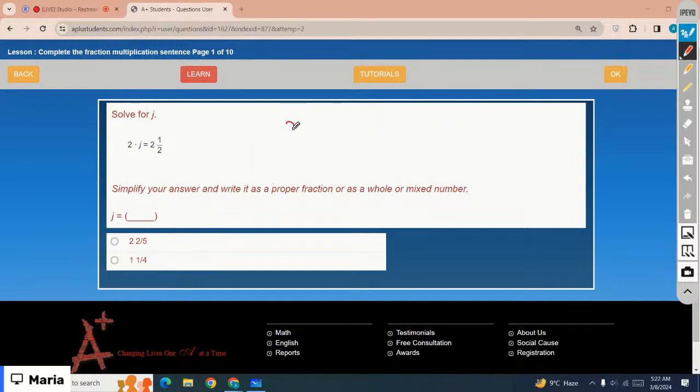You have to do 2 times j over 2 and 2 whole 1 over 2 divided by 2, right? So 2 and 2 cancel out, you are left with j here, and this is 2 whole 1 over 2, 2 times 2 is 4 and 1 is 5 over 2.